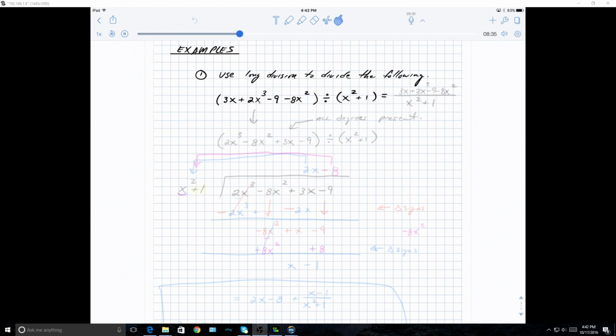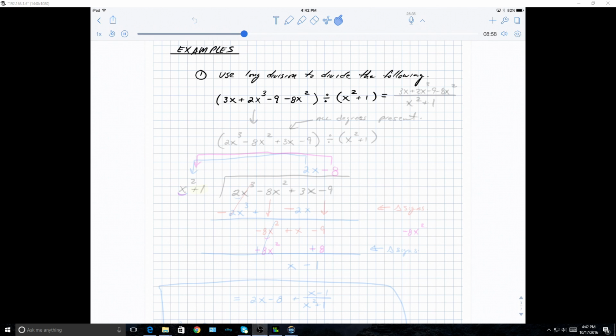And here we're going to use long division to divide the following. You'll notice right off the bat that the first polynomial we're looking at is not in standard form. The degrees are not decreasing. However, we do have all of them. The highest degree is a 3, then we have a 2, we have a 1, and the constant.